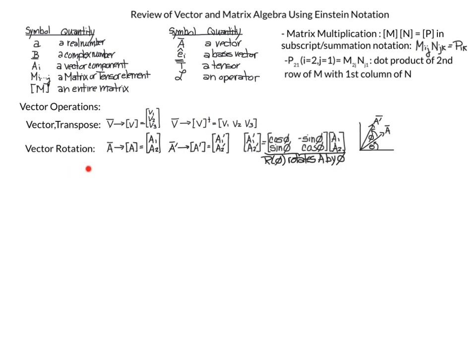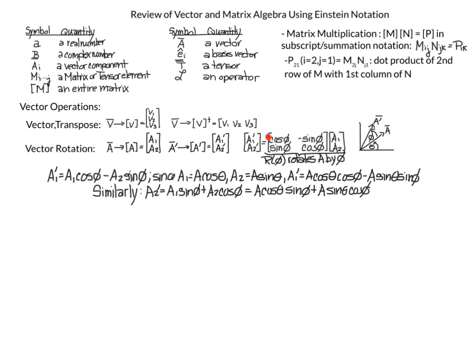Next, we'll look at vector rotation. We have a starting vector a, which we represent as the column vector a1, a2, and we're going to end up with a vector a prime, which we represent with the column vector a1 prime, a2 prime. And a1 prime, a2 prime is going to equal the matrix with rows cosine theta, minus sine theta, and sine theta, cosine theta, times our vector a1, a2.